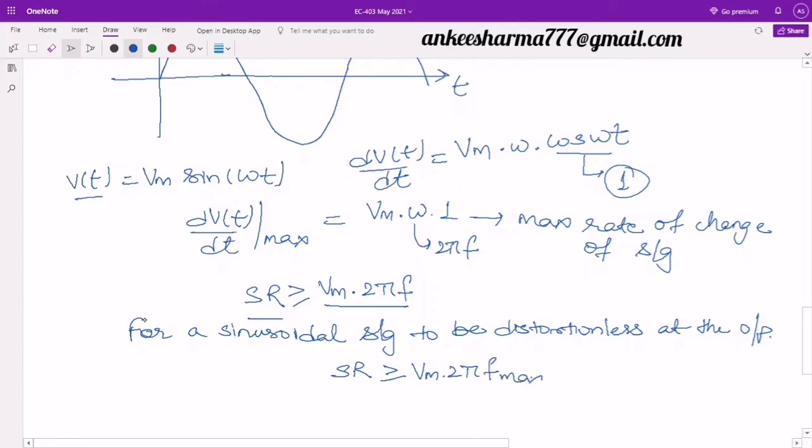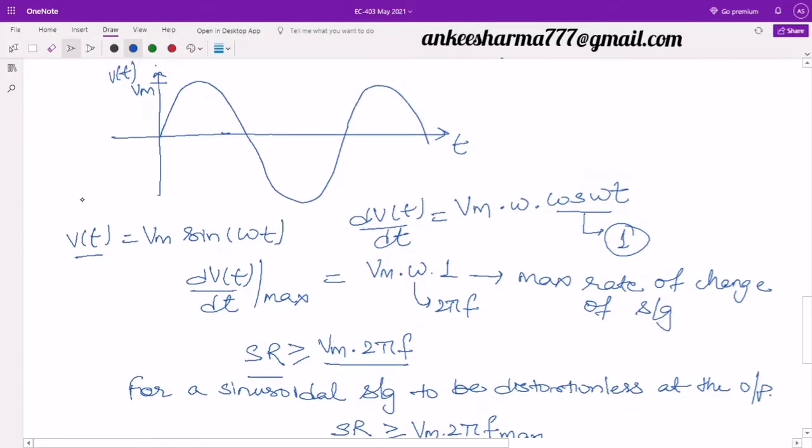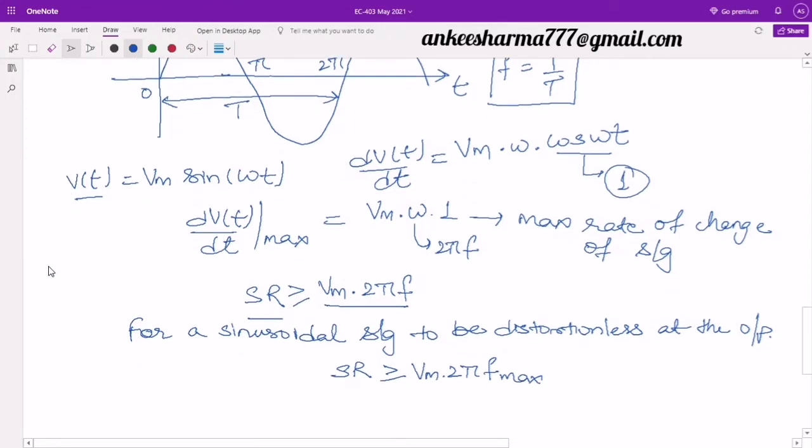What is this f max? F max is the frequency of this signal which we have considered here. If this is 0, this is pi, this is 2 pi, this will be the time period of this signal, capital T. Then the frequency will be 1 by capital T, or you can say you can apply an input signal of f max frequency such that the product of f max into 2 pi into Vm, where Vm is the maximum amplitude of that signal, should be less than or equal to the slew rate.